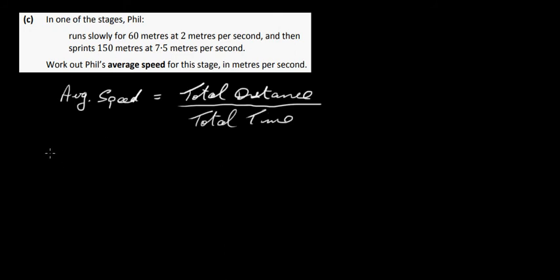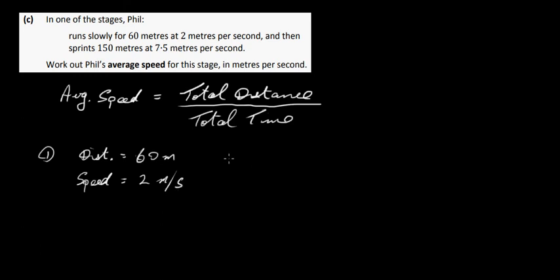Well, she's going to run, this is the slow stage, if you like, the first part of it. She's going to run slowly for a distance of 60 meters, and she does a speed of 2 meters per second.